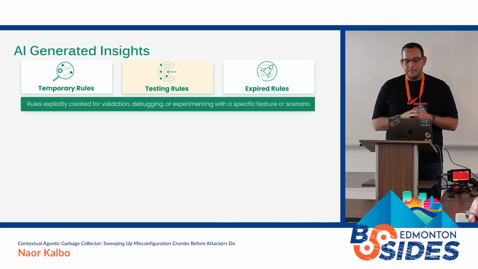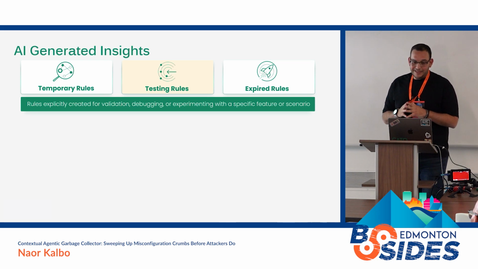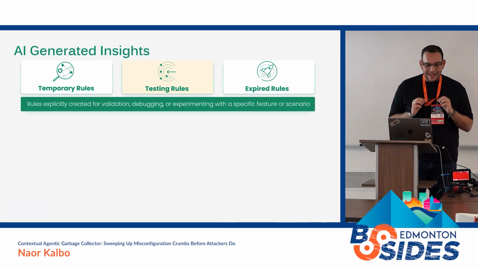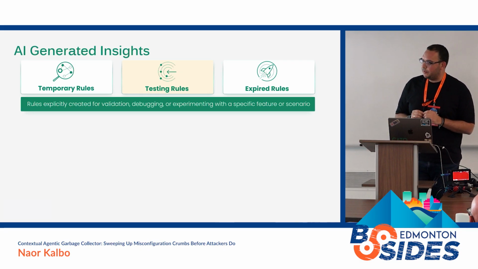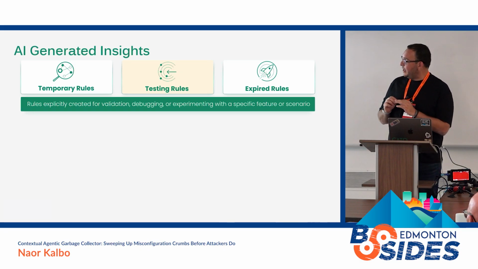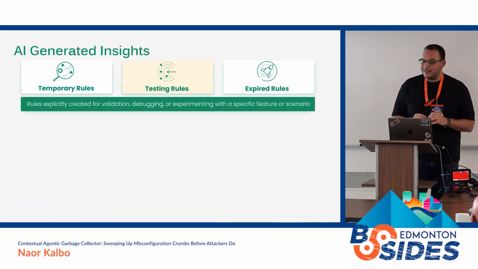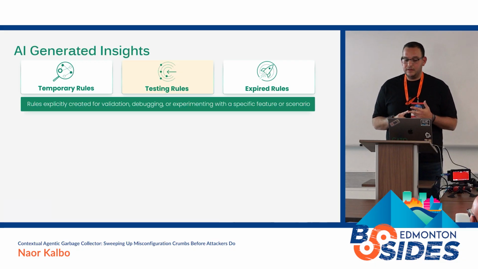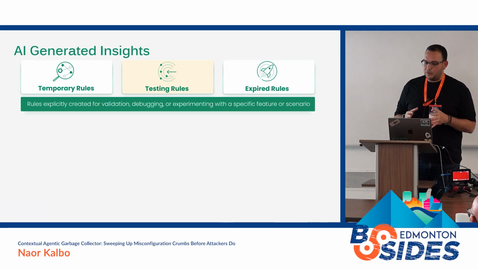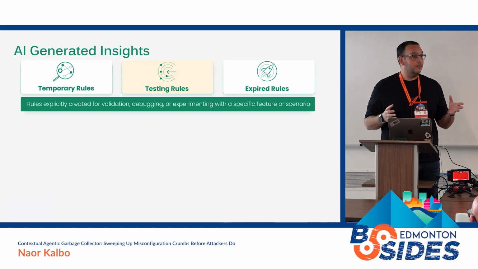Another insight type is the testing rules. So, detection of testing rules. These are slightly different from temporary rules. These are firewall rules that we have identified as being created mainly for validation, for debugging, or to experiment with some specific feature or organizational scenario.